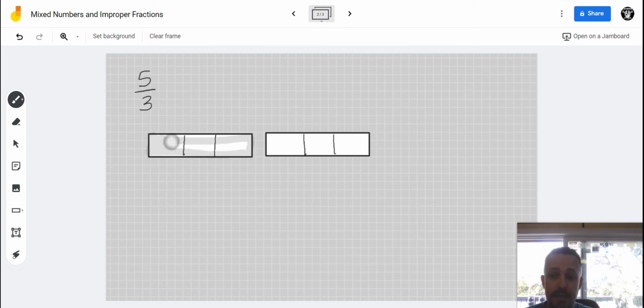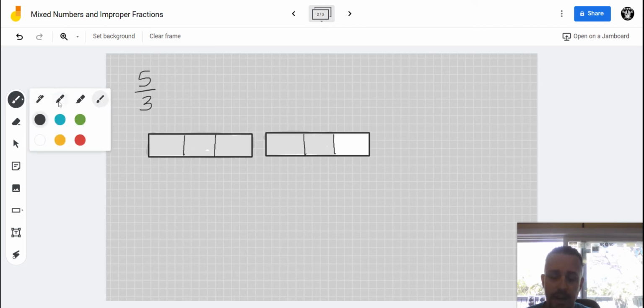What mixed number do I have? Because my 5/3 is an improper fraction. So we shade in that part right there. So that's 3/3, here's 4/3 and 5/3. We're going to go all the way up to here. Okay, so now we've got our 5/3 just like so, and I shaded it in. Now we have to figure out what mixed number that is.